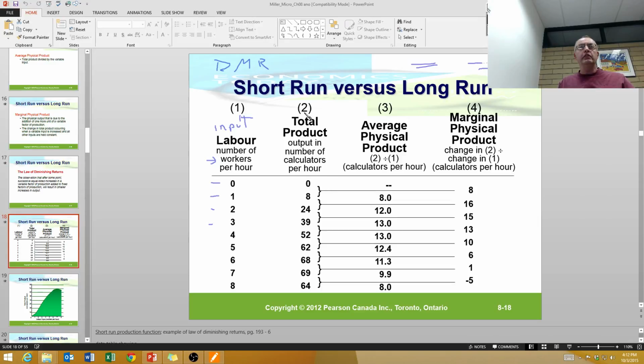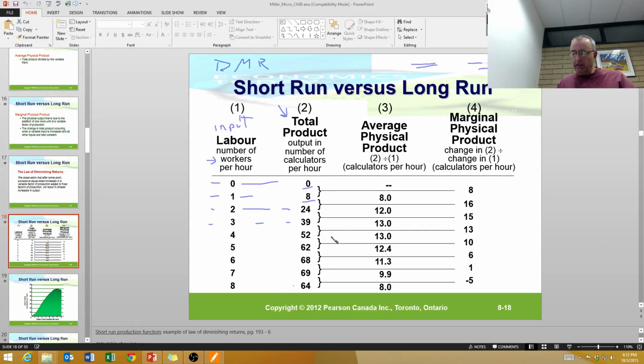And then we see the total quantity of physical output they're capable of producing. Of course, when we have no workers, we have no output. When we hire the first worker, he or she is able to produce 8 units. When we hire the second worker, we're able to produce 24 units, the third worker up to 39, and so on.